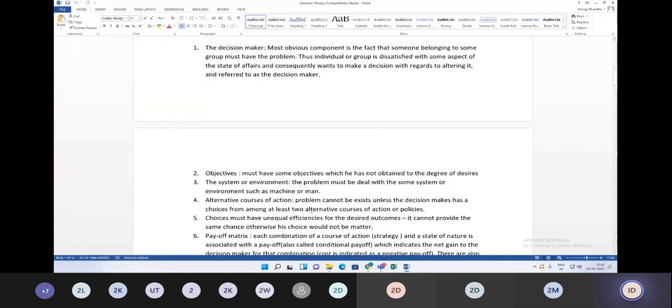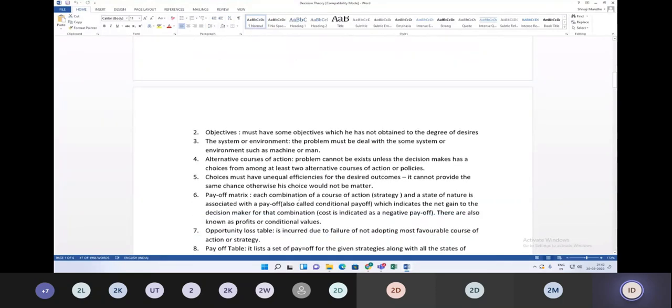So at least two alternative options have to be there, otherwise the decision is not applicable. Choices must have unequal efficiencies for the desired outcome. They cannot provide the same chance, otherwise the choice would not matter, because there should be a chance for each and every criterion or action.